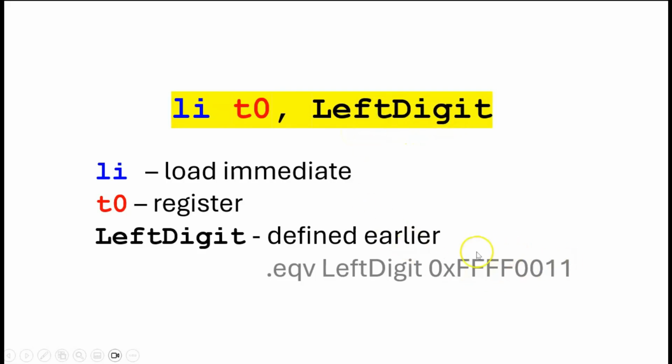When this instruction is completed, T0 will contain FFFF0011 hexa, which is the memory map IO address for the left 7-segment display.